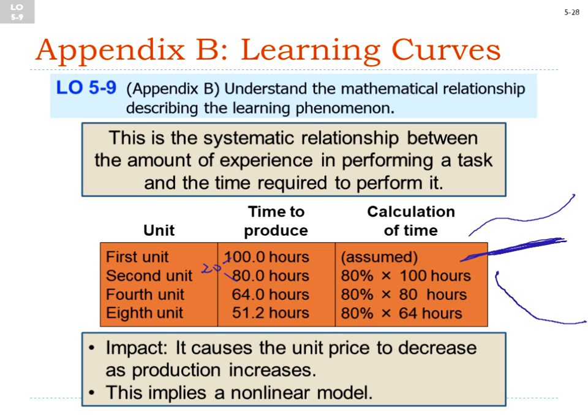Then the second, from 80 to 64, what is that? 16. And then 64 to 51, that's roughly about 13. So again, the improvement starts slowing down. You know, it can't keep going forever. It's going to taper off at some point.